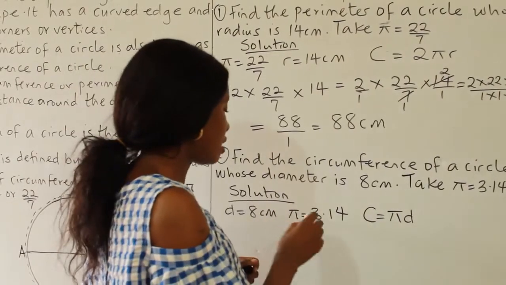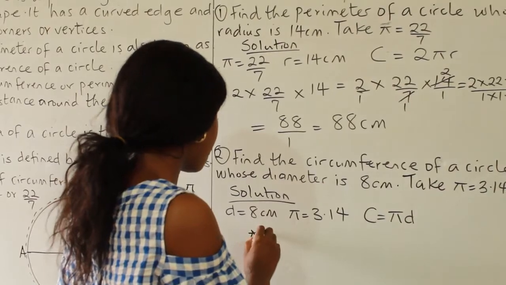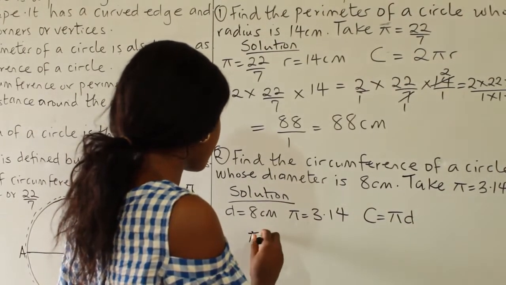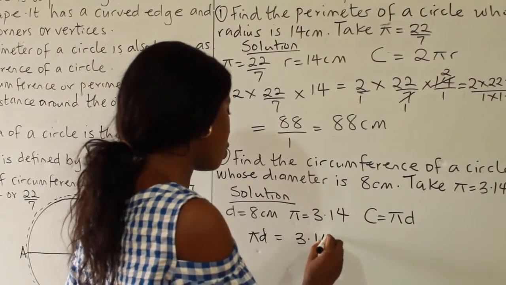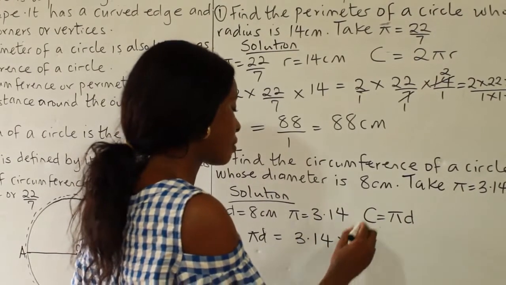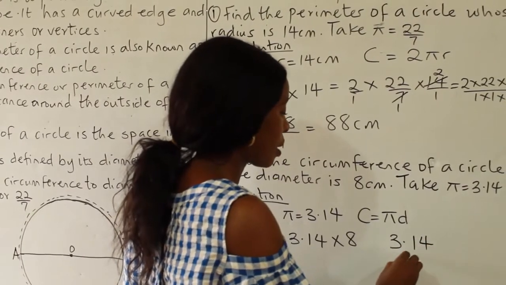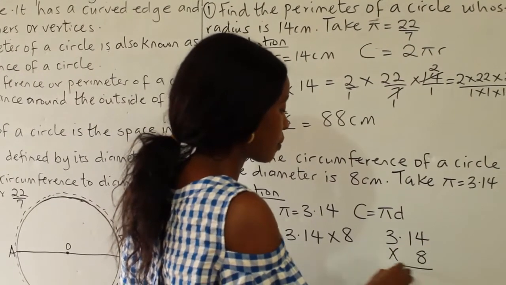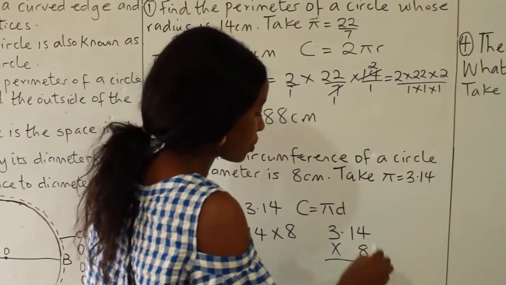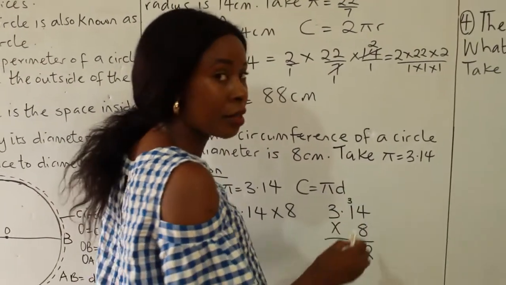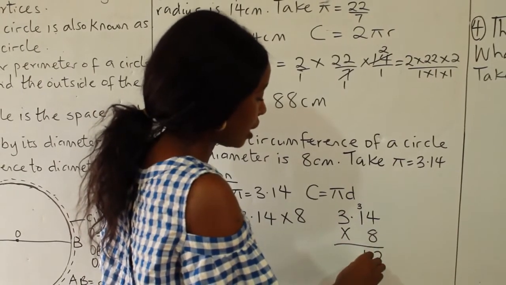So I'll substitute these values into my formula. So I'll have pi d equals 3.14 times 8. If I multiply 3.14 by 8, 8 times 4 is 32. I write my 2 and carry 3. 8 times 1 is 8 plus 3. I have 11.